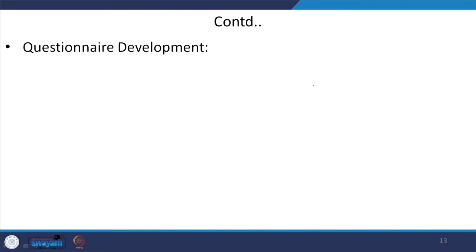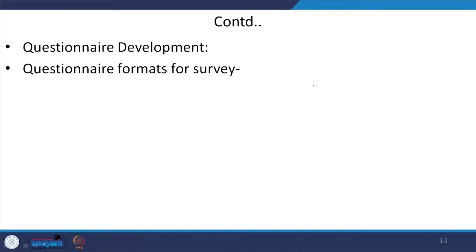Then the next step will be how to develop a questionnaire, because you need to capture the opinions of the respondents. Questionnaire development is necessary for conducting surveys, and the medium or format can be emailing, where you email XYZ persons and get mail back from them on that survey.